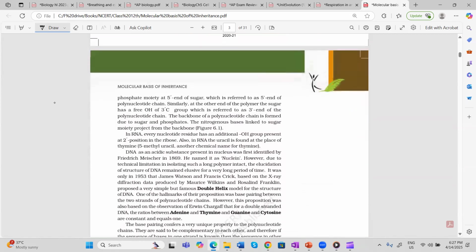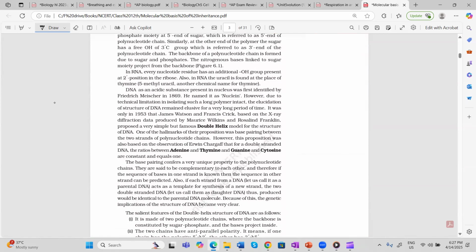Now, see in RNA, what is the difference in the sugar of RNA? Let us study the diagram of the DNA and RNA. This is a pentose sugar, carbon 1, 2, 3, 4, and this is fifth.